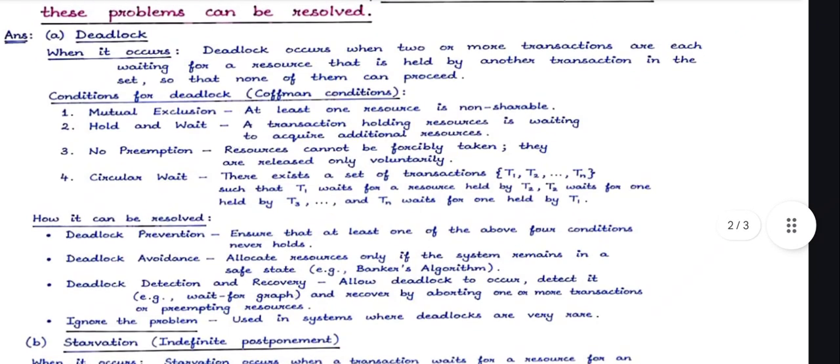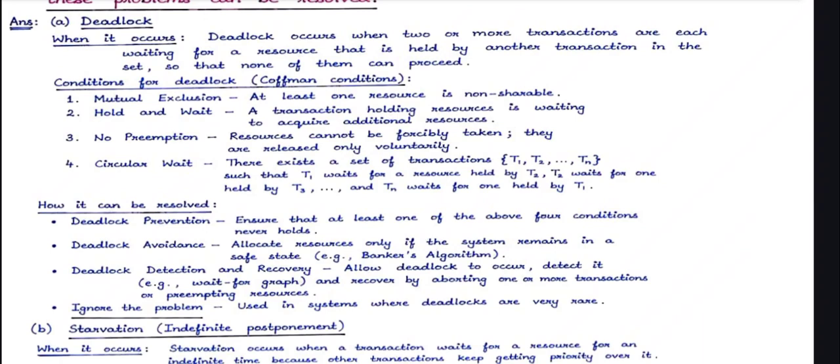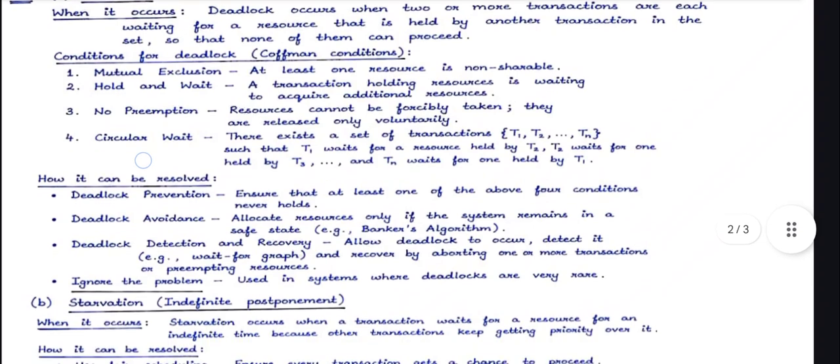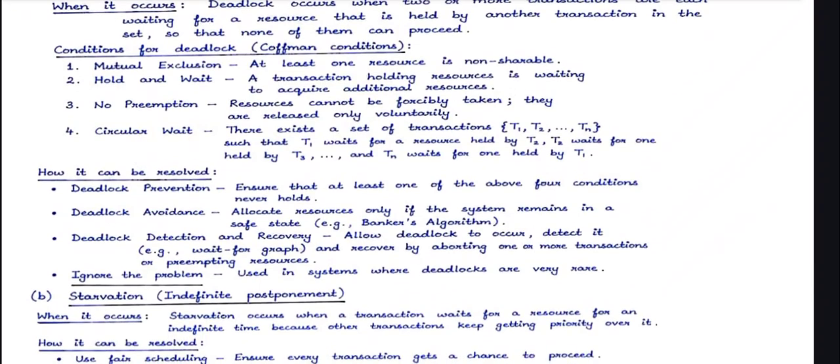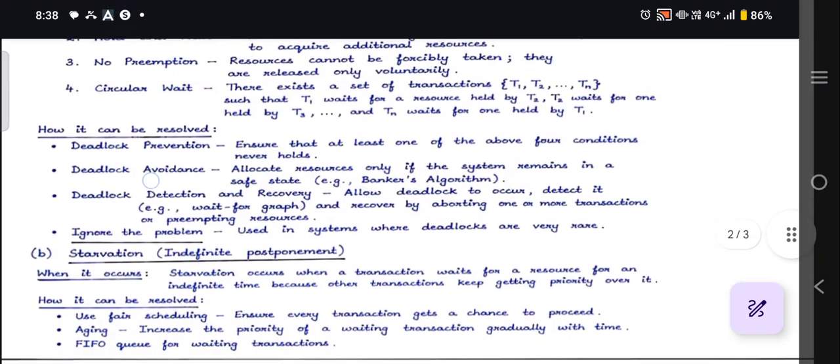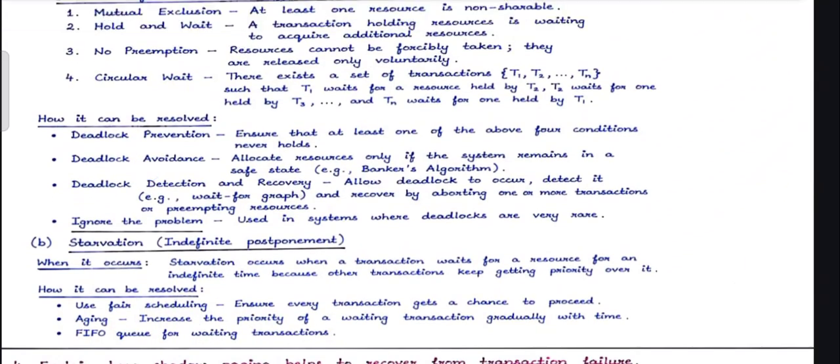The conditions for deadlock are the Coffman conditions: mutual exclusion, at least one resource is non-shareable; hold and wait, a transaction holding resources is waiting to acquire additional resources; no preemption, resources cannot be forcibly taken away and are released only voluntarily; circular wait, there exists a set of transactions such that T1 waits for a resource held by T2, T2 waits for a resource held by T3, and Tn waits for a resource held by T1.